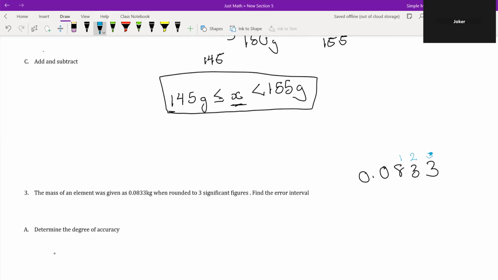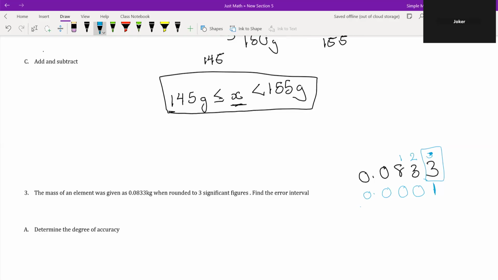So the degree of accuracy will simply be 0.0001. We're going to have to match it with the third significant figure. That will be our degree of accuracy. So when you want the degree of accuracy for significant figures, since we're looking at three significant figures, we go to the third significant figure and determine our degree of accuracy.